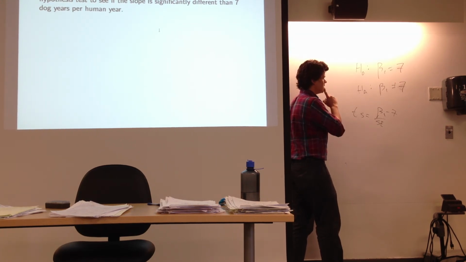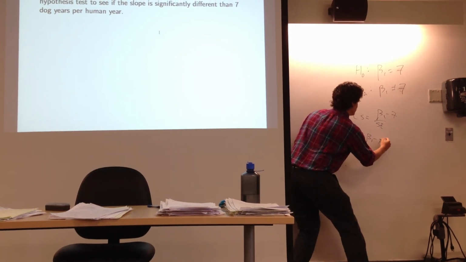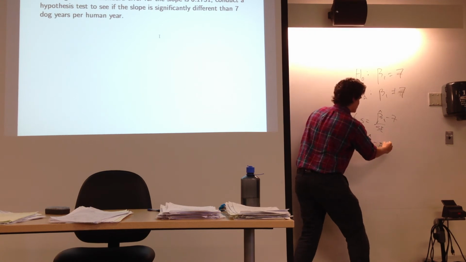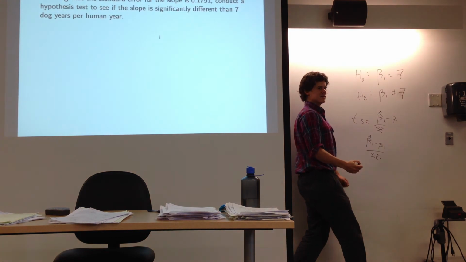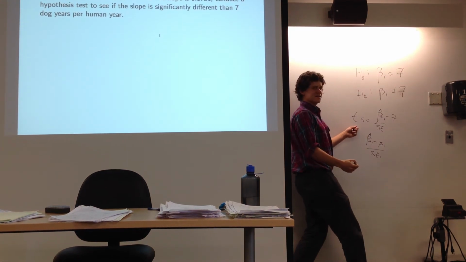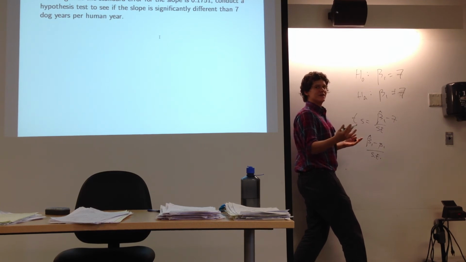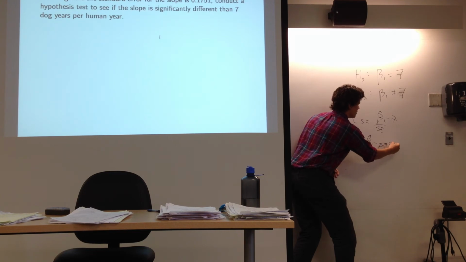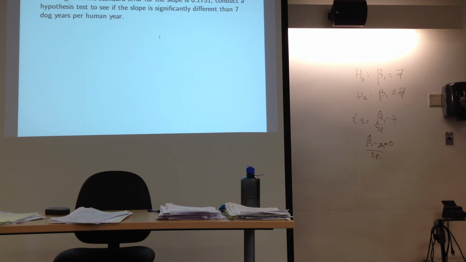The more general form is beta 1 hat, your estimate, minus the true beta 1, over the standard error for beta 1. Pretty much all the time when you're doing hypothesis tests on slopes, you're looking at this equal to 0, because you're usually testing if the slope is significant, and it's significant if it's different than 0.